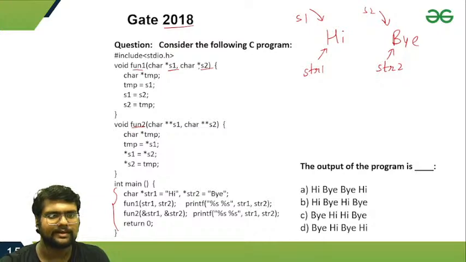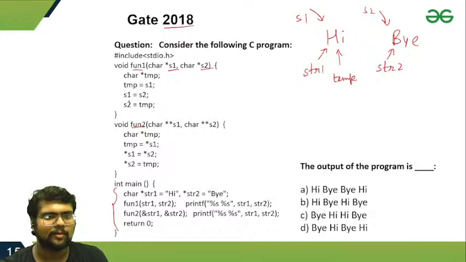Then we have a temporary variable temp, which is currently not pointing to anything. Then temp is assigned s1, so temp will point to here.